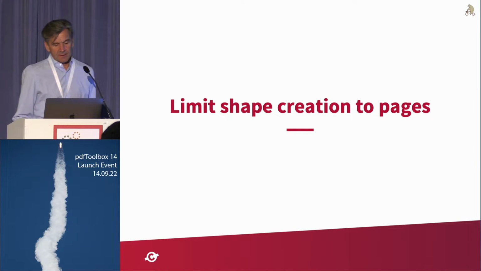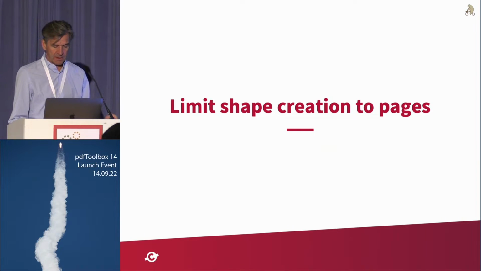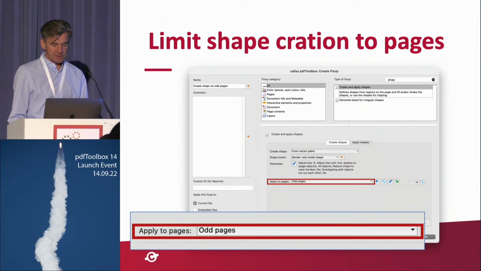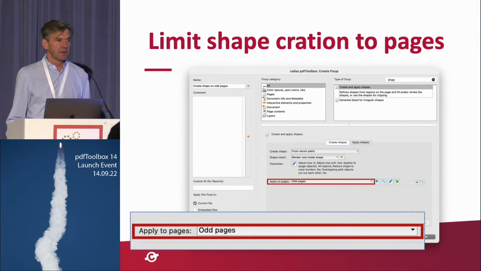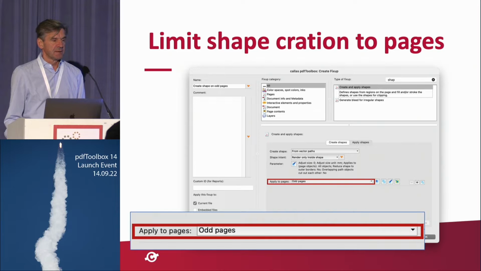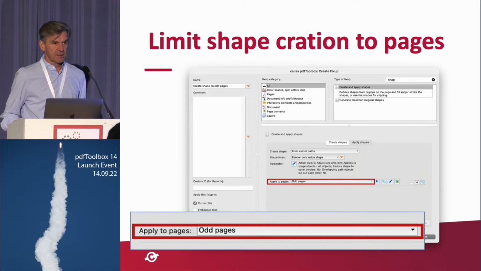Okay, next one, again a tiny one: limit shape creation to pages. We have the create shapes feature, and up until pdfToolbox 14, when you created shapes on PDF pages, you always had to create them on all pages.